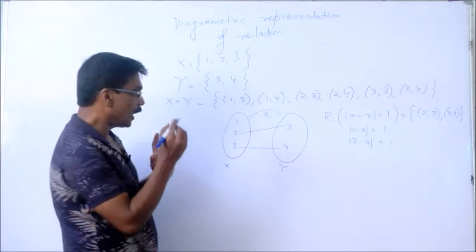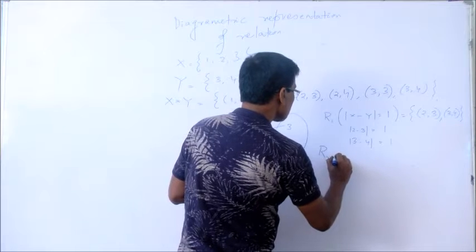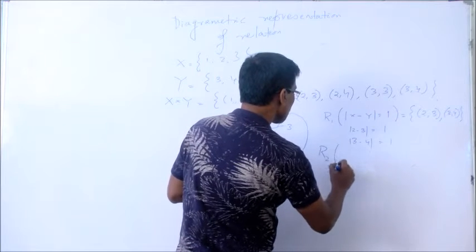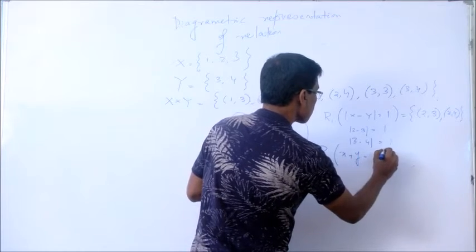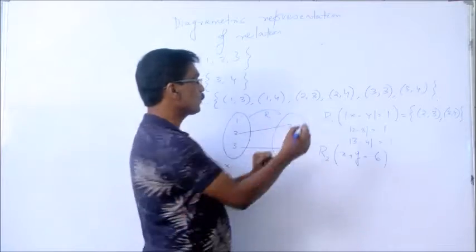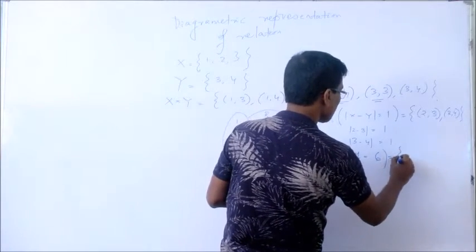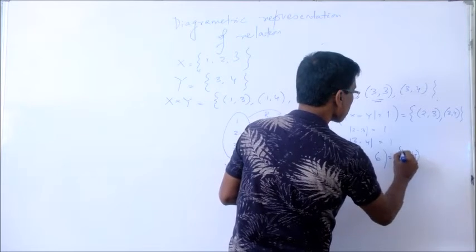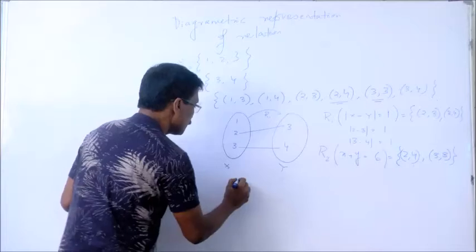Similarly, R2 is a relation, say X plus Y is equal to 6. So, out of these, the elements are 2 plus 4 and 3 plus 3, so the elements are (2,4) and (3,3).